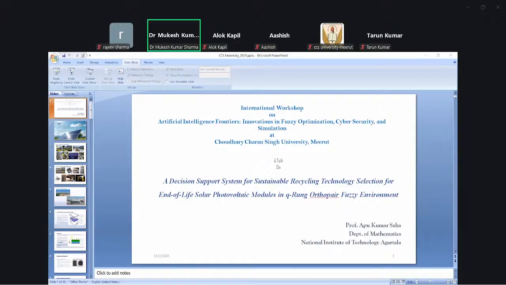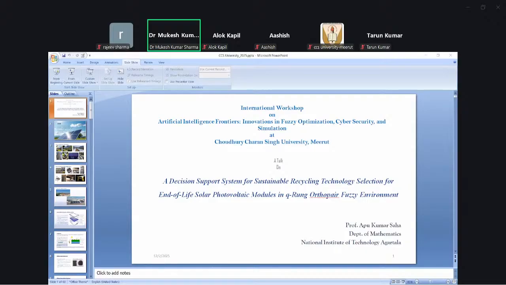So in 2017, Yager again defined the Q-rung orthopair fuzzy set. He said that membership to the power Q plus non-membership to the power Q is less than or equal to 1, where Q is any number. If we can get a theory based on this Q, and you can put Q equal to anything, then it is a generalized form. So we don't need to go for Pythagorean and so on.